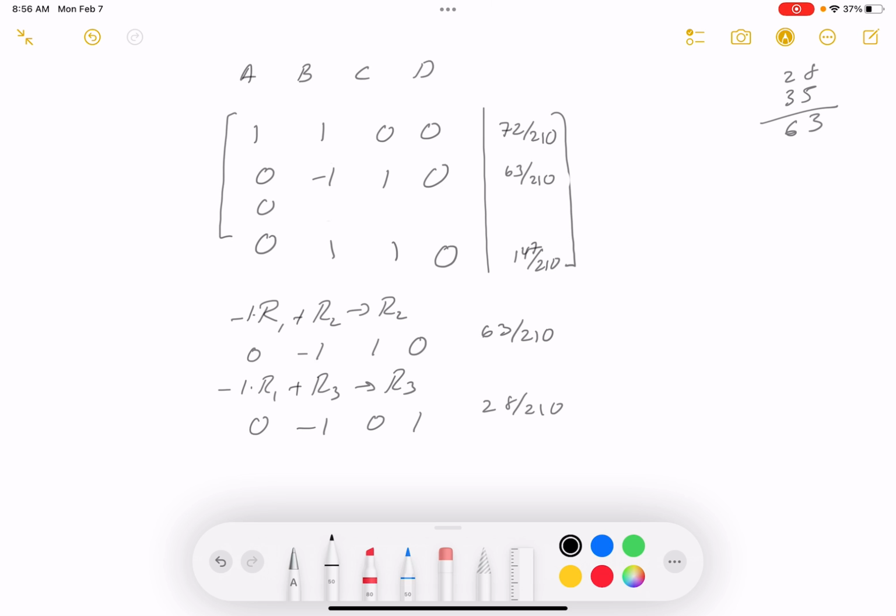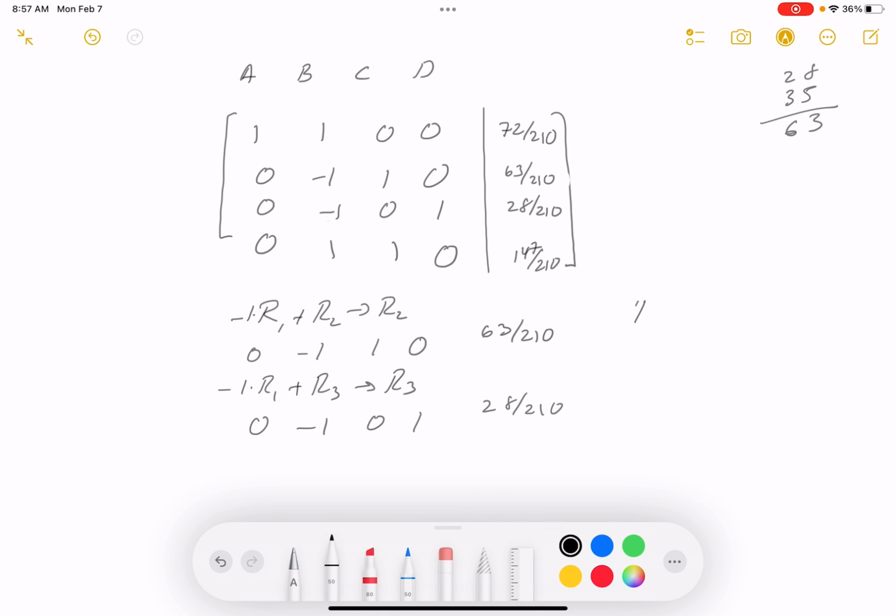And then it's going to be 0, minus 1, 0, 1, 28 over 210. Now what? Well, I see something, and I'll tell you what I see. I see something that looks pretty easy.